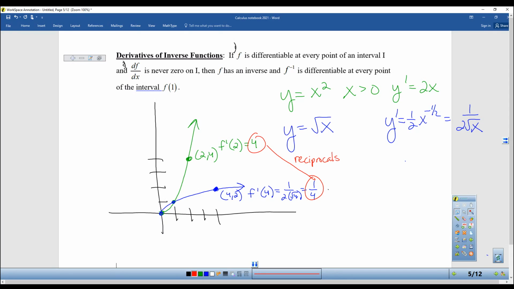So here's the weird rule. Again, you don't have to write anything down yet. It's all going to be in your notes. Here's the weird rule that I want you to know.